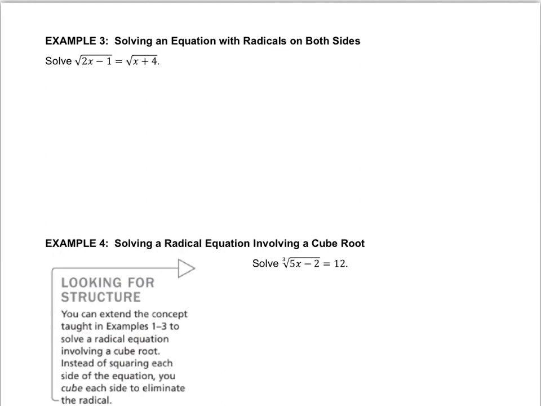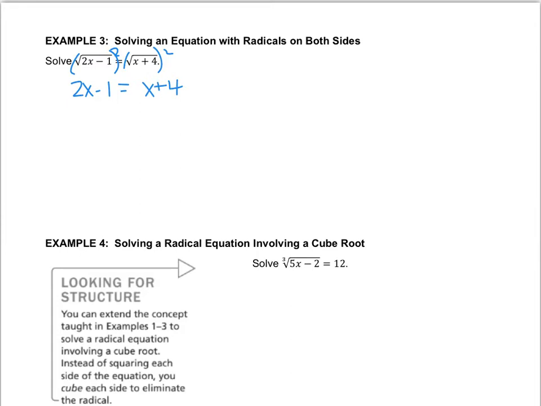It can get trickier when there are radicals on both sides. This is a newbie style question, so it's not as complicated as it can get. There's nothing to move to another side. We have the radicals isolated on each side of the equation, so I can just square both sides. I get 2x minus 1 equals x plus 4.